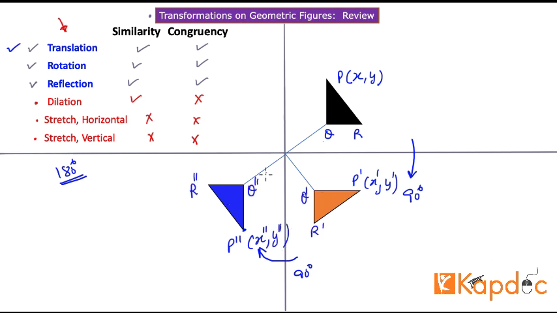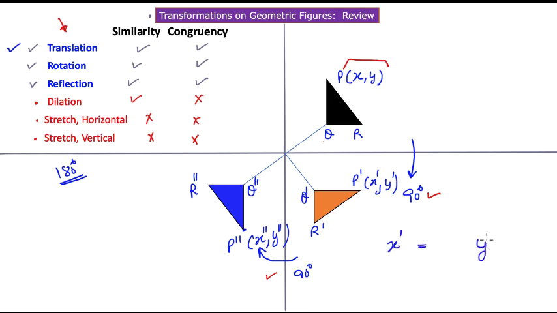Okay. My real objective is to understand the change in the values of these coordinates after a rotation of 90 degrees and after another rotation of 90 degrees. The method is very simple. After a rotation of 90 degrees, the new x prime will be equal to the negative of the old y value.